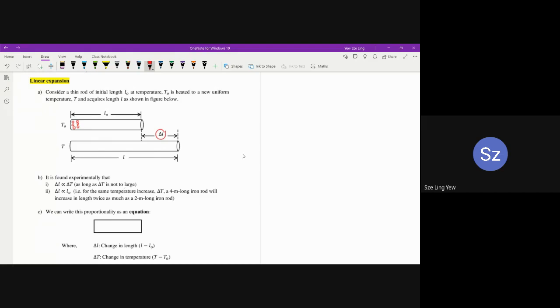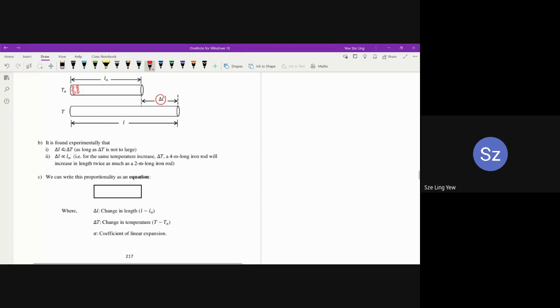So it is found experimentally that the change in the length is directly proportional to the change in temperature. Obviously, if you increase the temperature, the molecules will vibrate at a larger amplitude, therefore it expands more compared to the lower temperature. This is the first thing that the scientists found in that experiment.